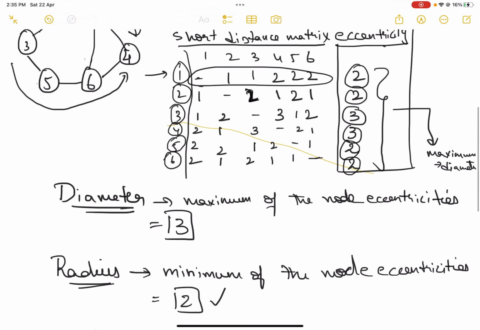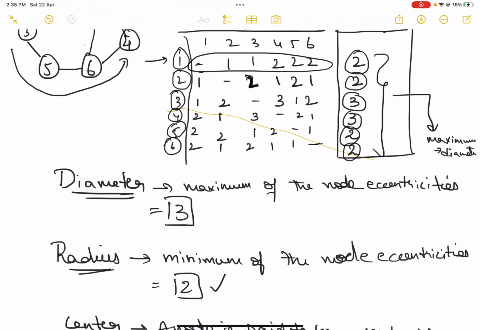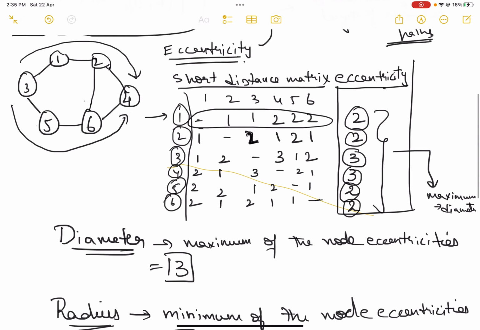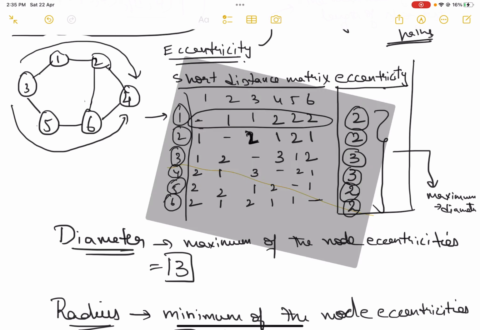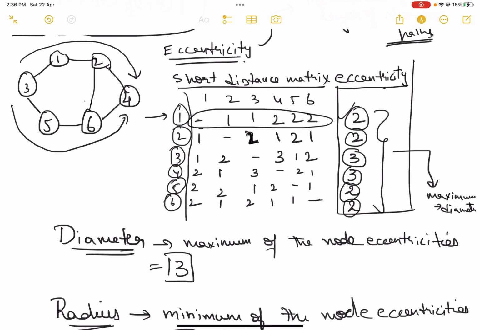So whichever nodes have the eccentricity of 2, those nodes are known as the central nodes, right?